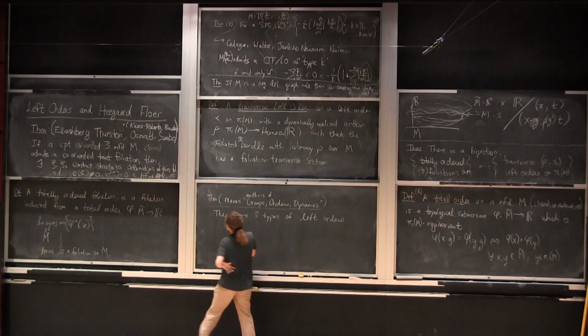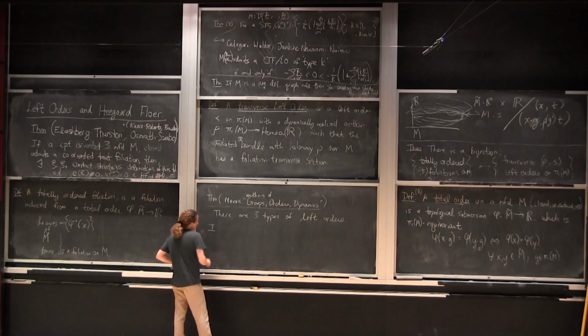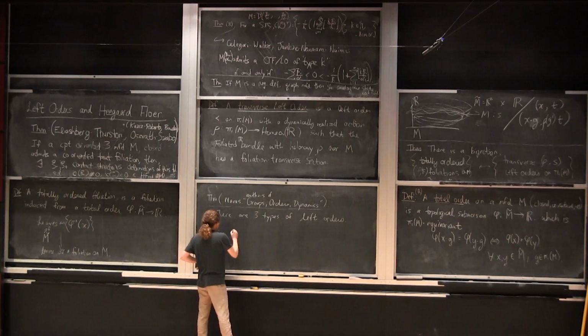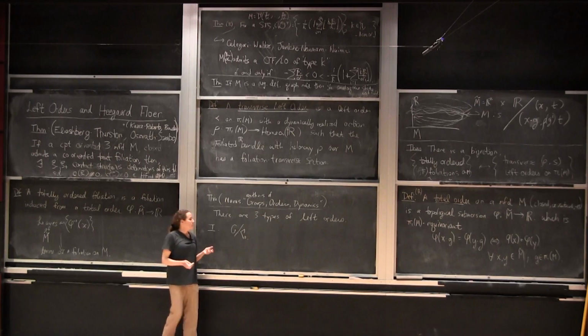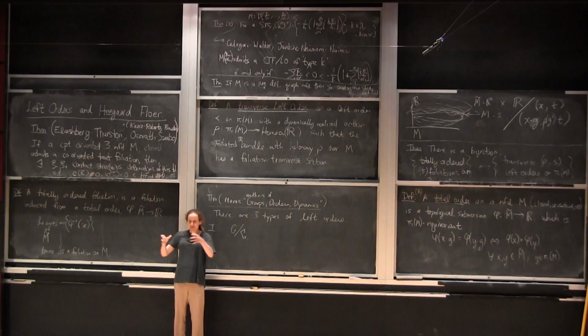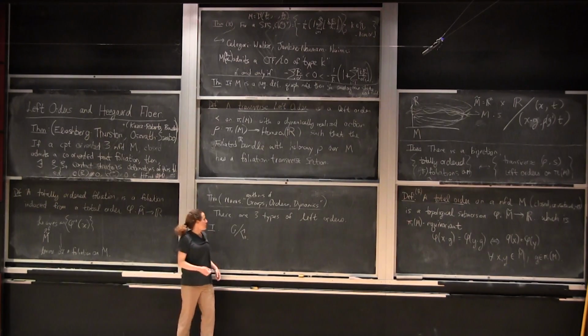So type 1, maximal. So a convex subgroup with respect to a left order, which is convex, you don't have anything smaller than it inside the group.